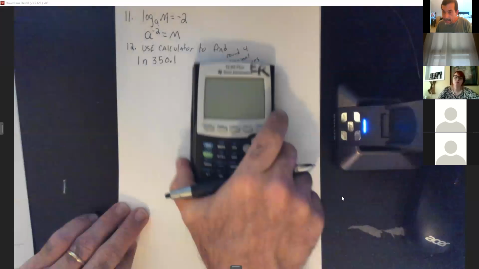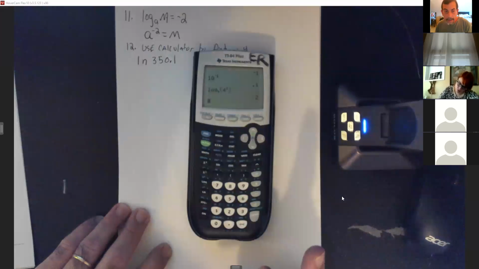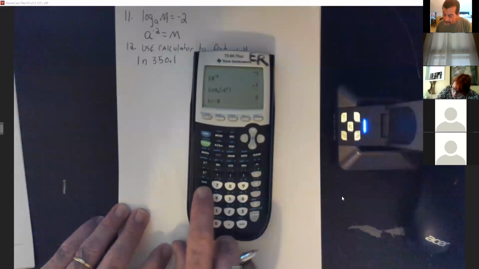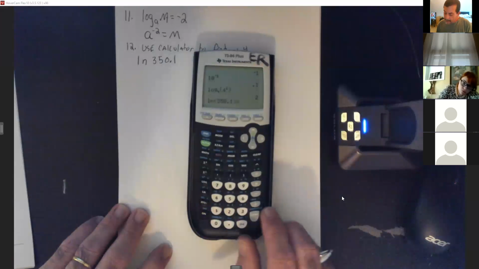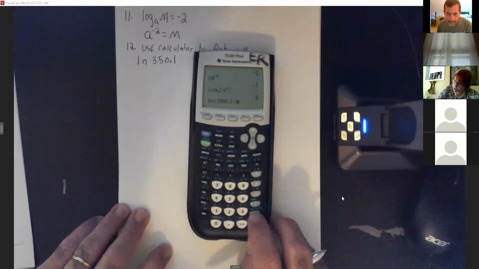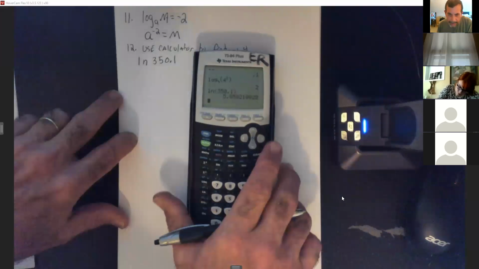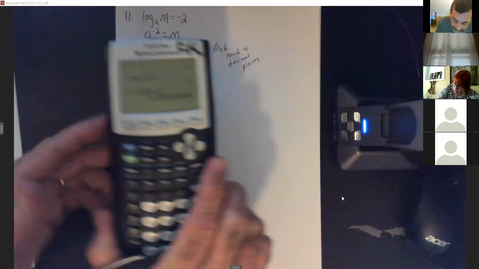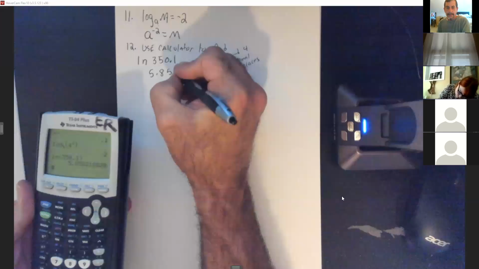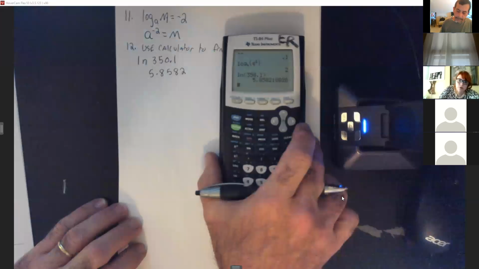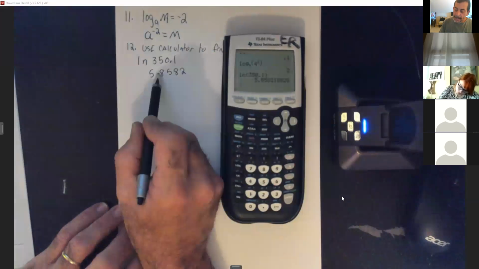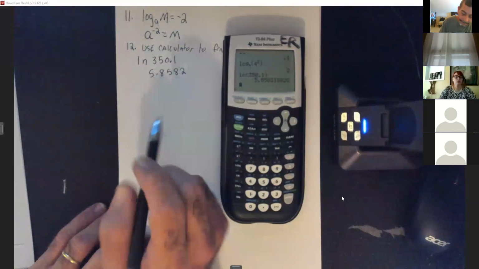So let's see. We got an ln button by the 4. And then I'll just punch in my 350.1 and hit enter. So I'm rounding 4 decimal places. So I'm going to have to bring this up where I can see. Looks like 5.8582. So you just want 4 places after that decimal, okay, and then be done with that.